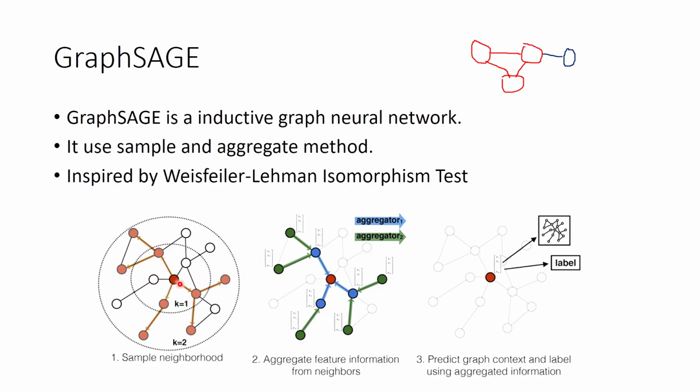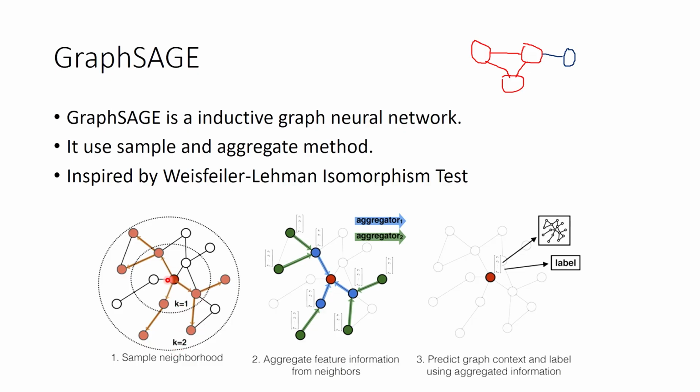These are the neighborhood of the red node where k is equal to 1. So k equal to 1 means its immediate neighborhood.